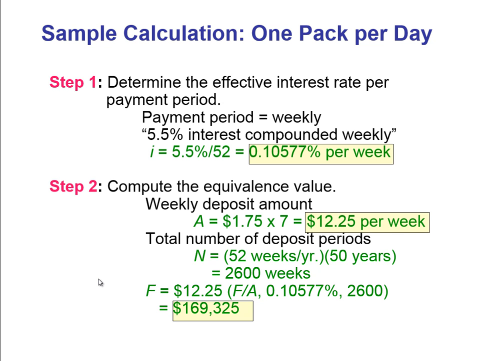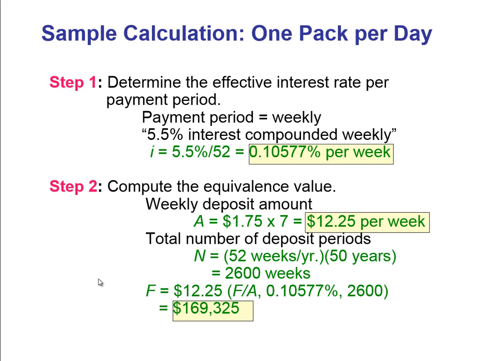Since the interest is compounded weekly, then i is equal to 5.5% divided by 13 times 4. We have 13 weeks per quarter times 4 quarters, or you can say that we have 52 weeks per year.